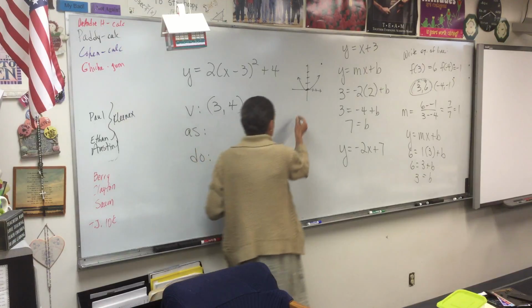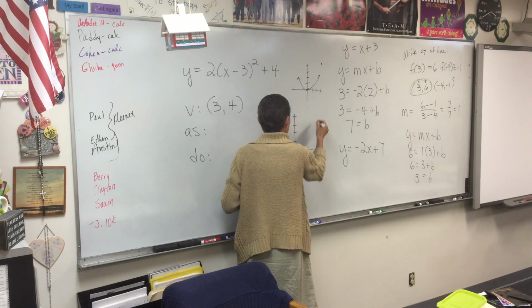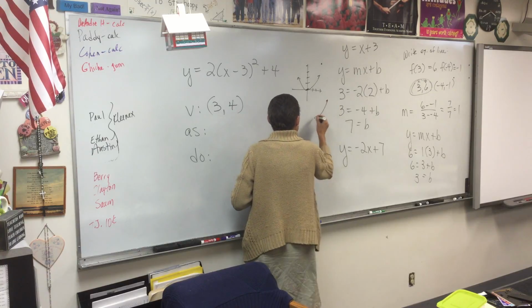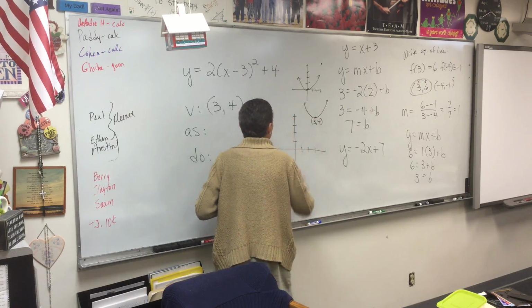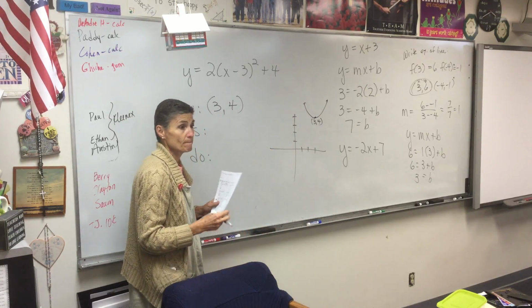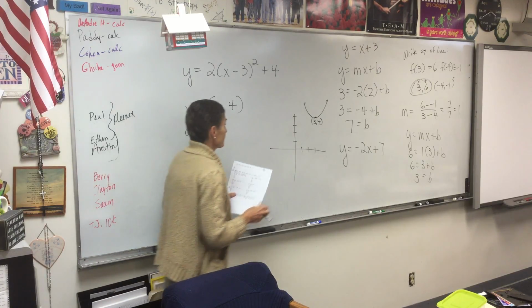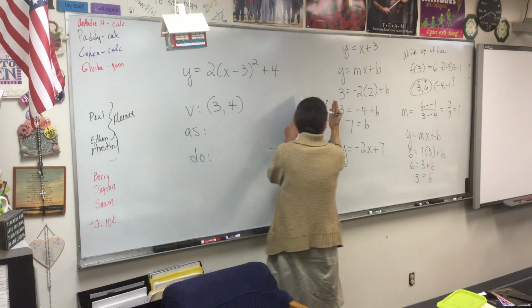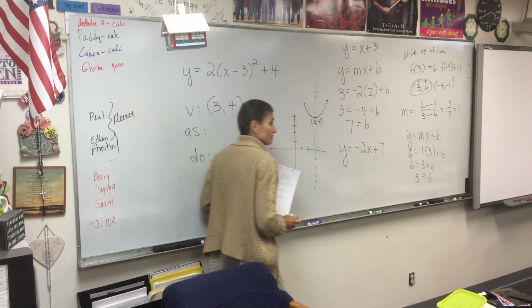Now, when we talk about the axis of symmetry, you know what we're talking about? Here's my parabola. There it is at the point (3, 4). Does anybody know what we're referring to when we say axis of symmetry? Exactly in the middle, right? Fold your paper. Think about folding your paper. The crease would be right here.